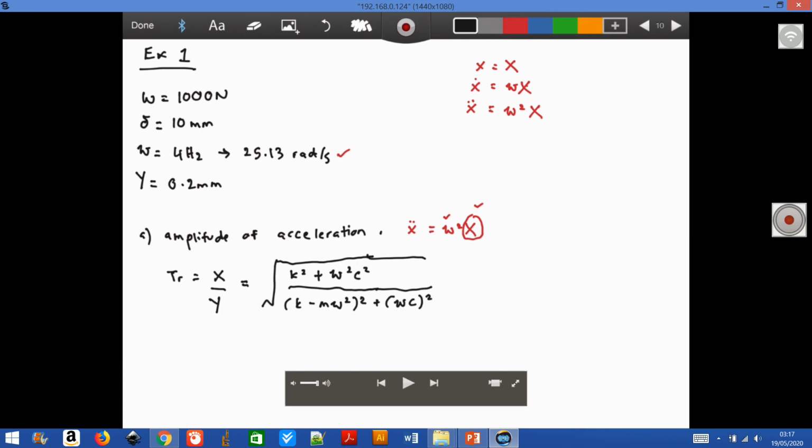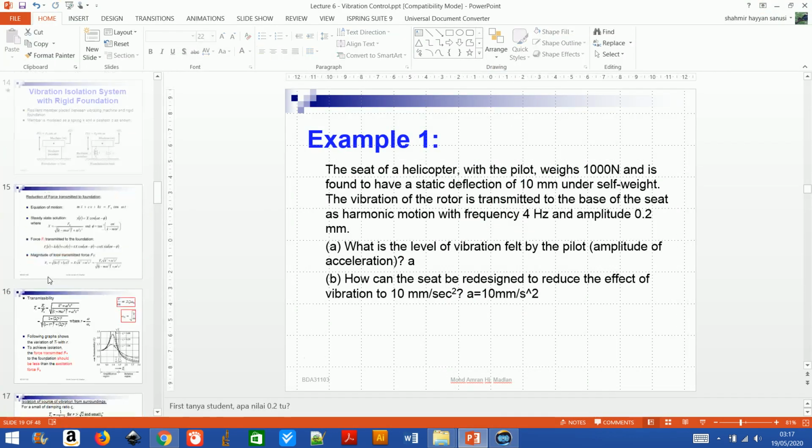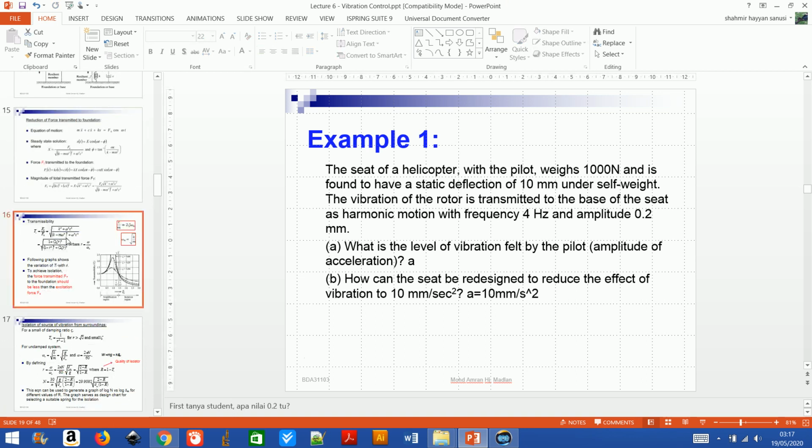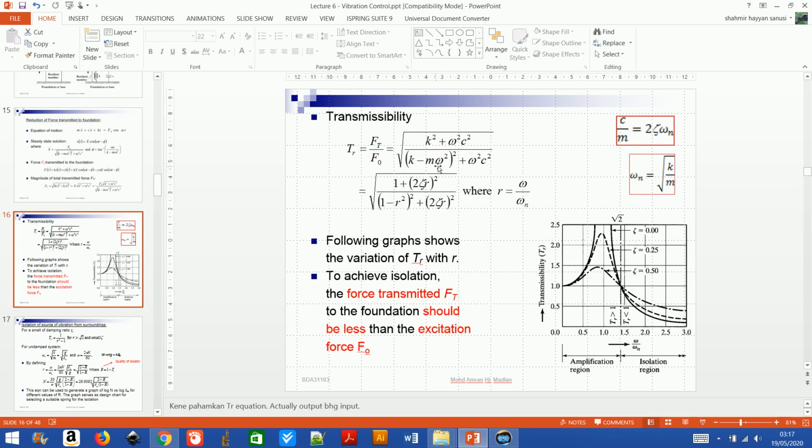You can use any of those equations listed here. So either you use this one or you use this one. In your example it shows that you use this one, but I'm going to use this one because I don't want to find the value of zeta and everything, so I prefer to use this one.